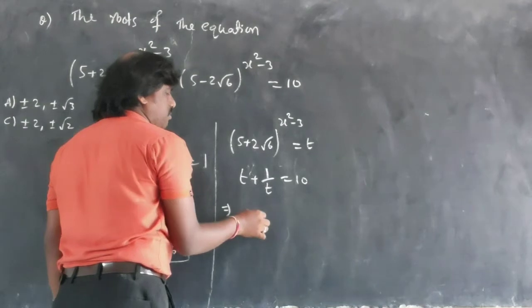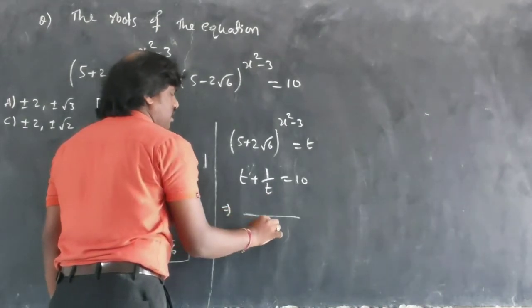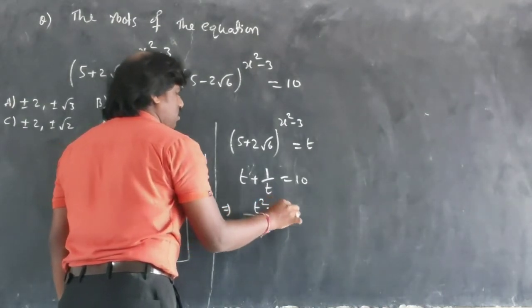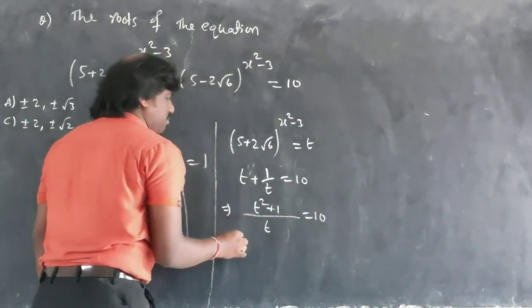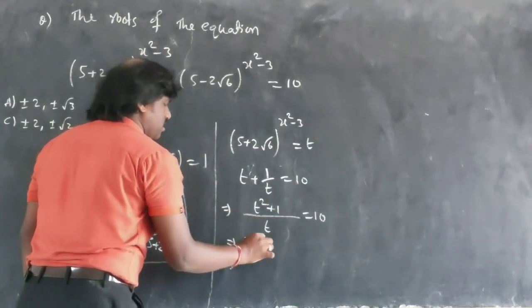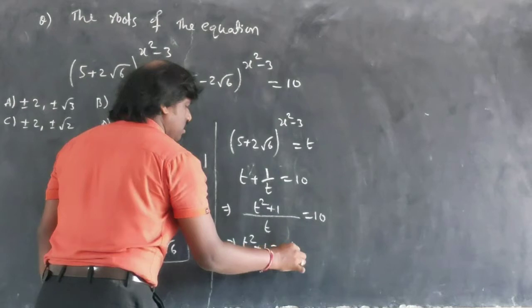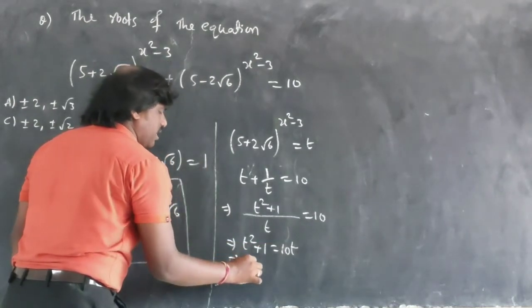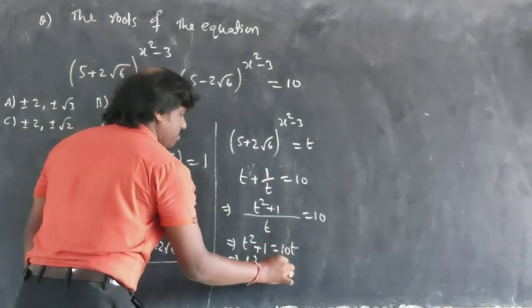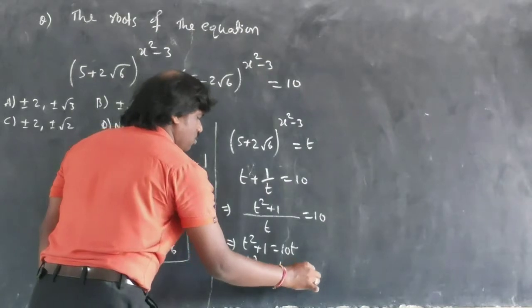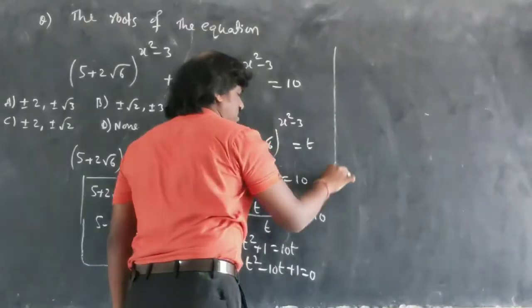Take the LCM of this, and I get t square plus 1 is equal to 10. That means t square plus 1 is equal to 10t. That means t square minus 10t plus 1 is equal to 0. Now we have to find the value of t.